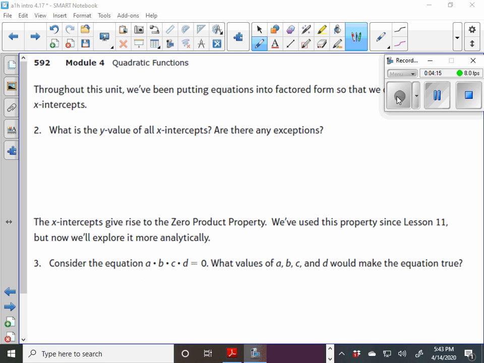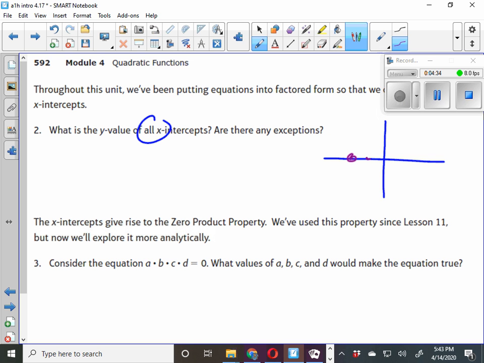Okay, so we've been factoring these, and in the past we've set equations to 0, so we're familiar with this. What is the y value of all x-intercepts? Well, won't the y value always be 0?